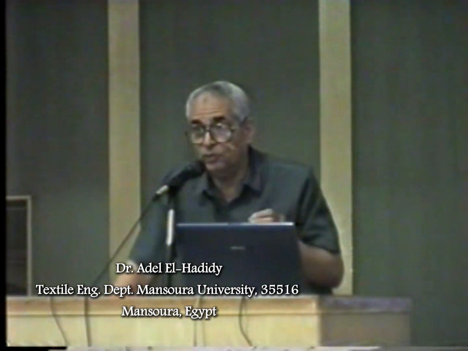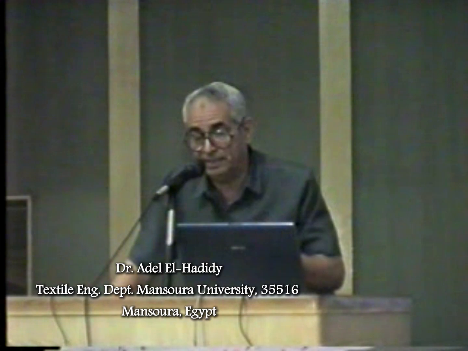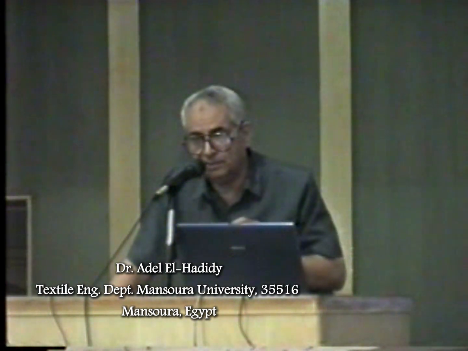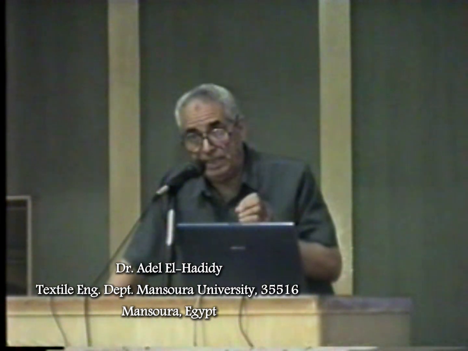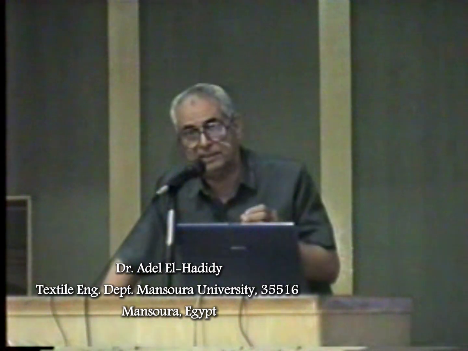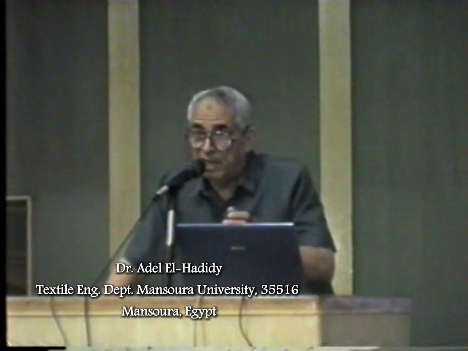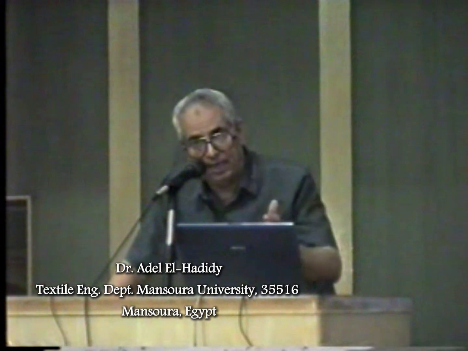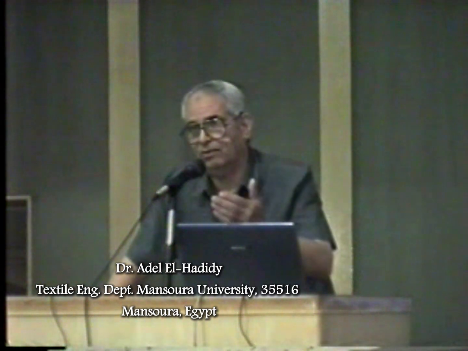This figure is called, in this presentation, the spinnability index. It is easy to calculate this spinnability index for season 96, as an example, and recalculate it again for the last season.